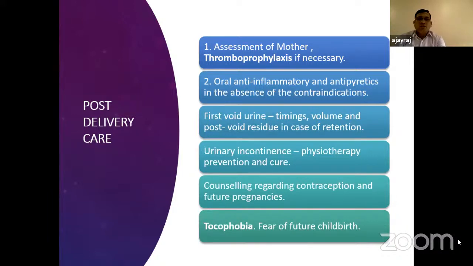Tocophobia. There is a term known as tocophobia in which people experience the fear of future childbirth.